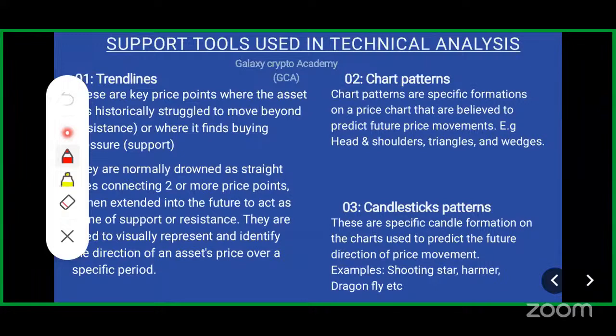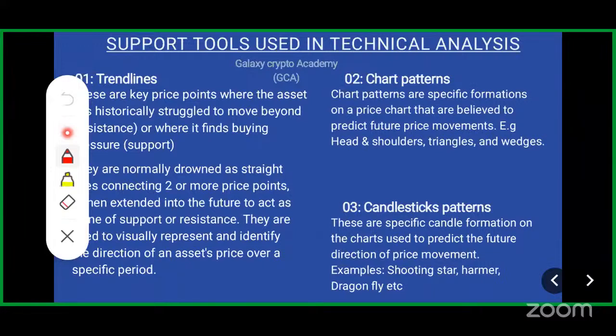we have what we call supportive tools. We have people who have been in the game for quite some time who designed tools to help and simplify our work as a price action analyst or as a market analyst.